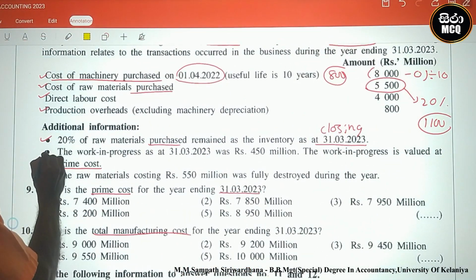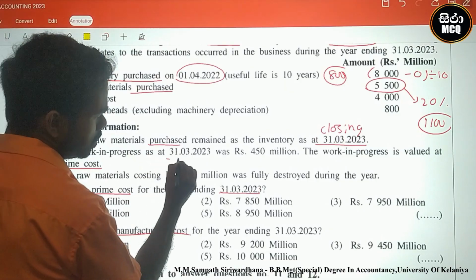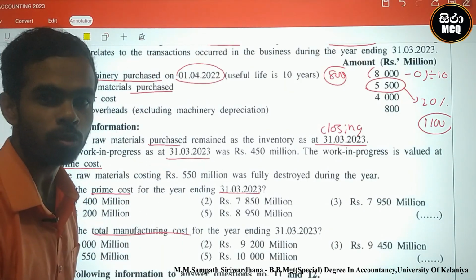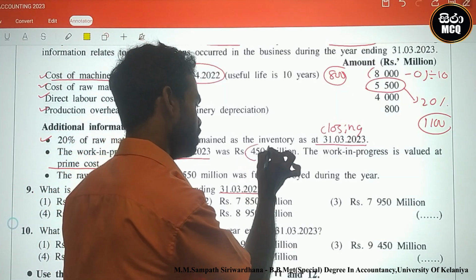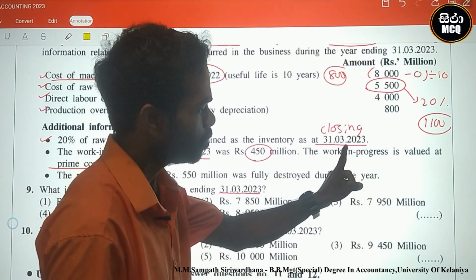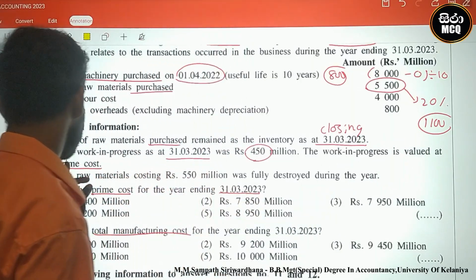Work in progress as at 31st March 2023. Closing or opening? Closing. Closing was 450 million. The work in progress is valued at prime cost.